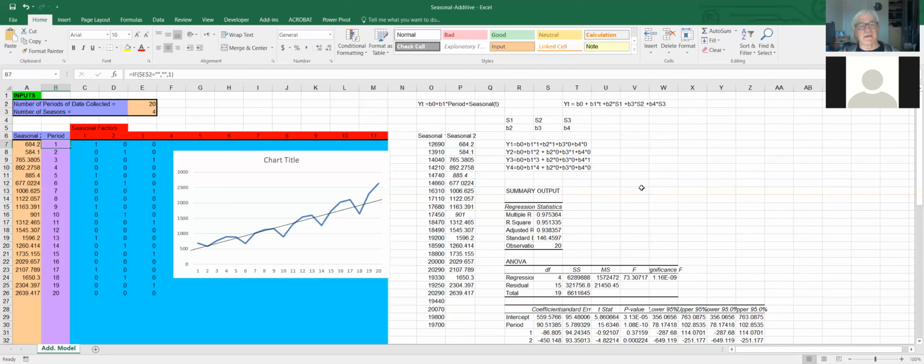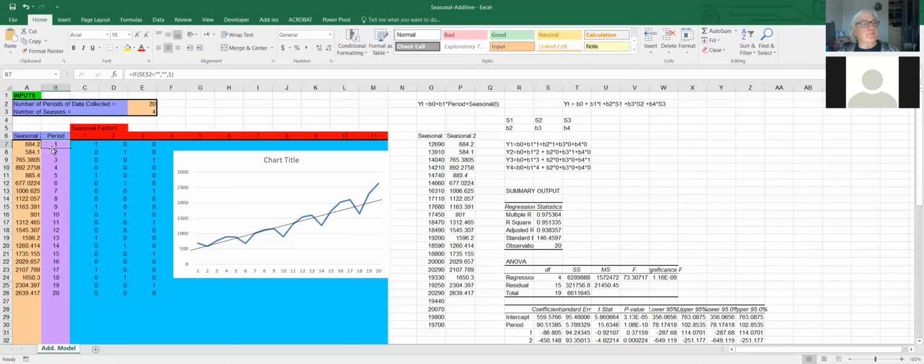Now come the seasonal. S1, S2, and S3 are all dummy variables. They take the value either 0 or 1. They take the value 1 if the time in question belongs to the season they represent.